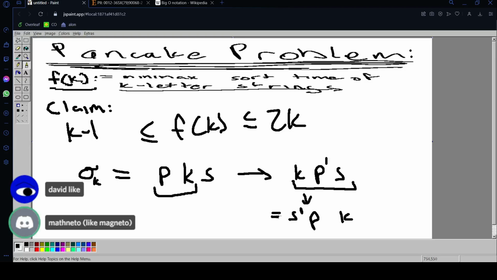We've got a k at the end, and now some string on the letters 1 through k minus 1. And now we just use prefix reversals only on this part to sort it, and the induction will happen.